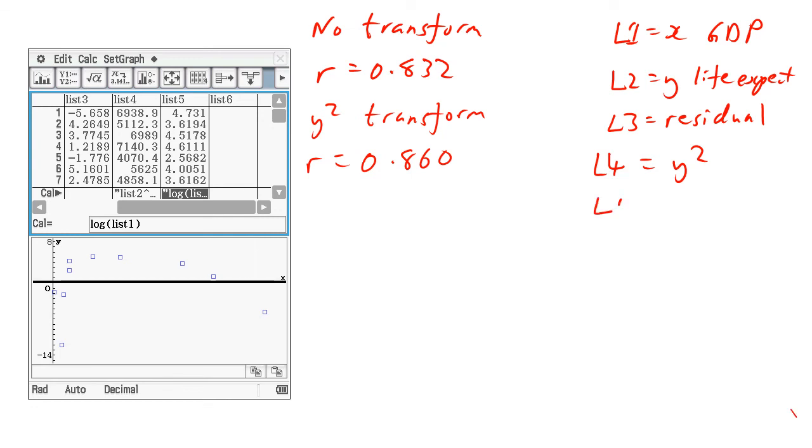All right, let's do another transform. This one's going to be list 5, and so we click to the bottom here, cal appears, and we're doing log of list 1, which is log of x. And so for the log x transform, what does r equal?